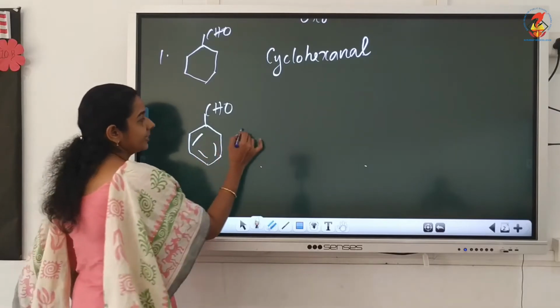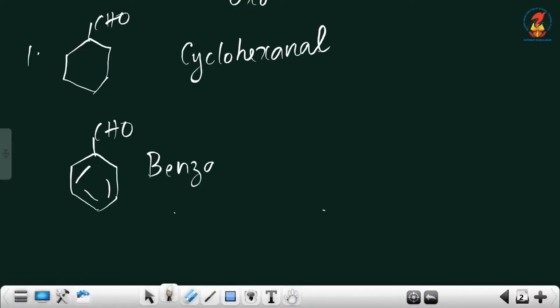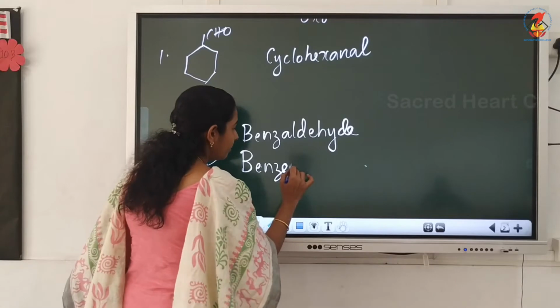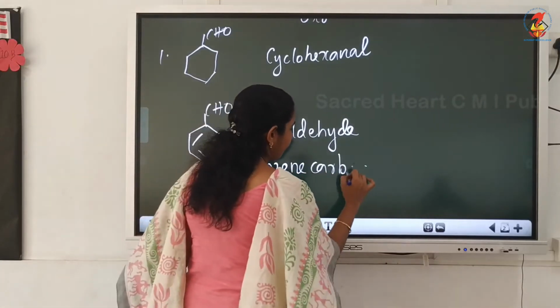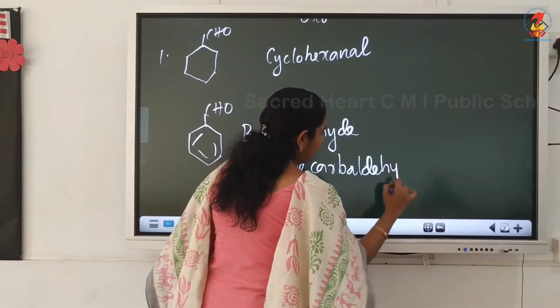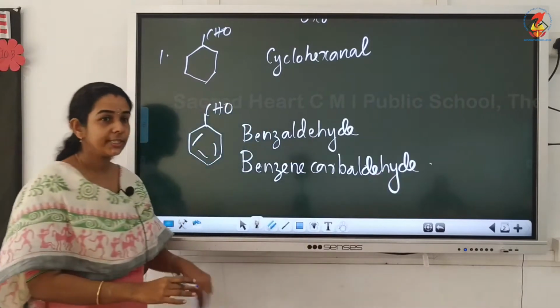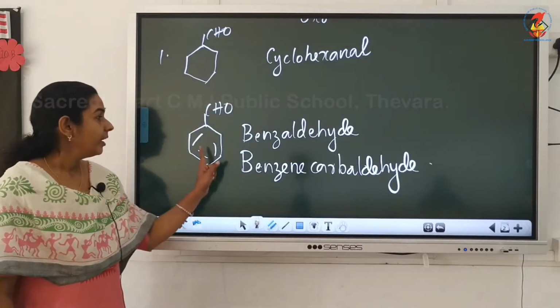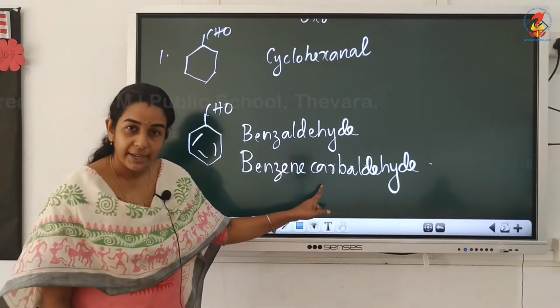So this benzaldehyde can also be called benzene carbaldehyde, because when the CHO group is attached to a ring system, we can use the term carbaldehyde.